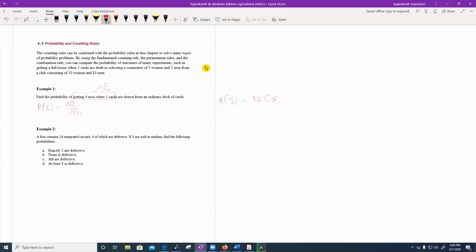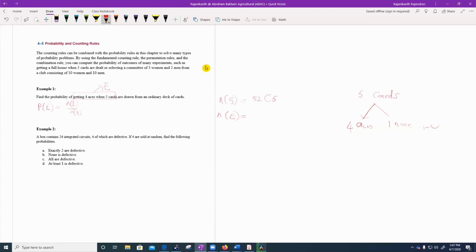Then what is N of E here? The number of ways you could make 4 aces from 5 cards, right? So you are drawing 5 cards and I'm looking for 4 aces. That means the remaining one may be anything other than an ace, so this is a non-ace, right?